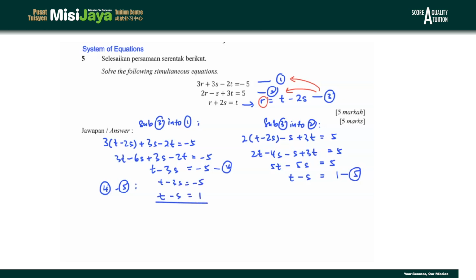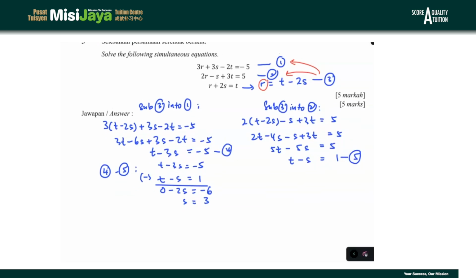From here, I'm going to use elimination method to get rid of the t. So I minus. t minus t is 0. Negative 3 minus minus becomes plus. Negative 3 plus 1 is negative 2. So negative 2s equals to negative 5 minus 1, which is negative 6. So negative 2s equals to negative 6. So s equals to negative 6 divided by negative 2, so we get 3. Yay! So we got s already. When we get s, we can actually find t.